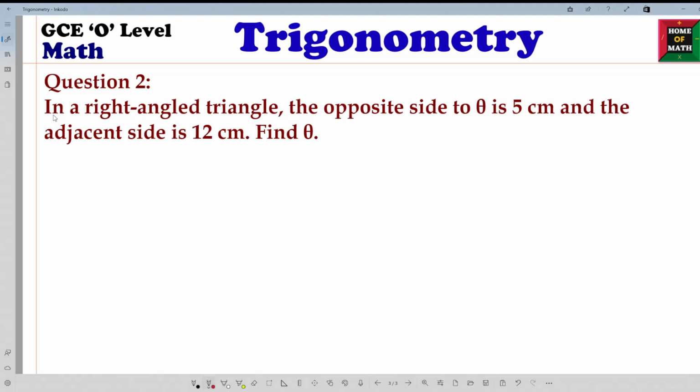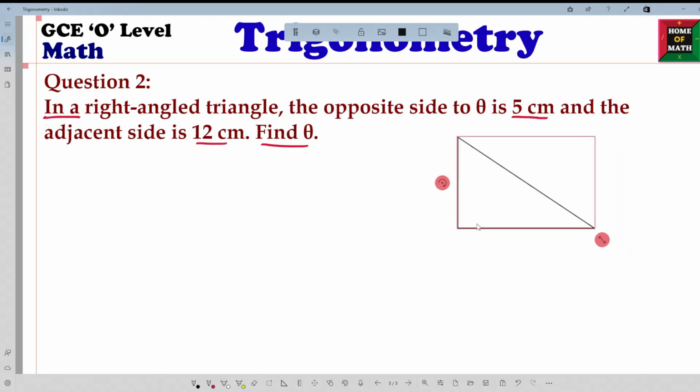Here in a right angle triangle, the opposite side to theta is 5 centimeter and the adjacent side is 12 centimeter. Find out the theta. So here we also use the right angle triangle.